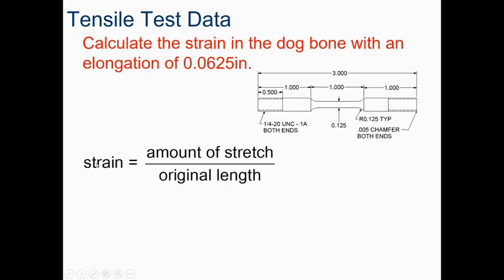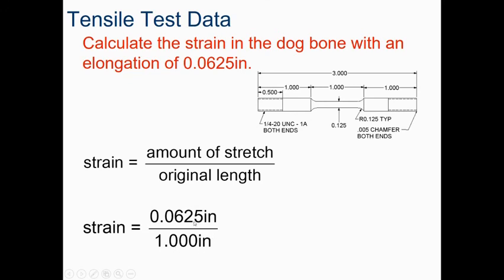When I'm calculating my strain, the amount of stretch is going to be my 0.0625 inches. My original length is not going to be 3 inches, because I should not expect that this region or this region is going to be deforming. I expect that the majority of my strain is going to take place in this smaller region. So I have 0.0625 divided by 1 inch.